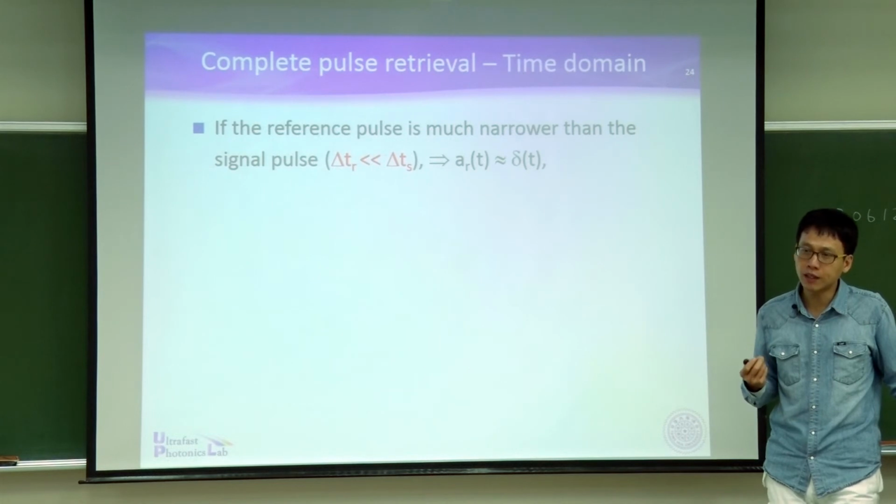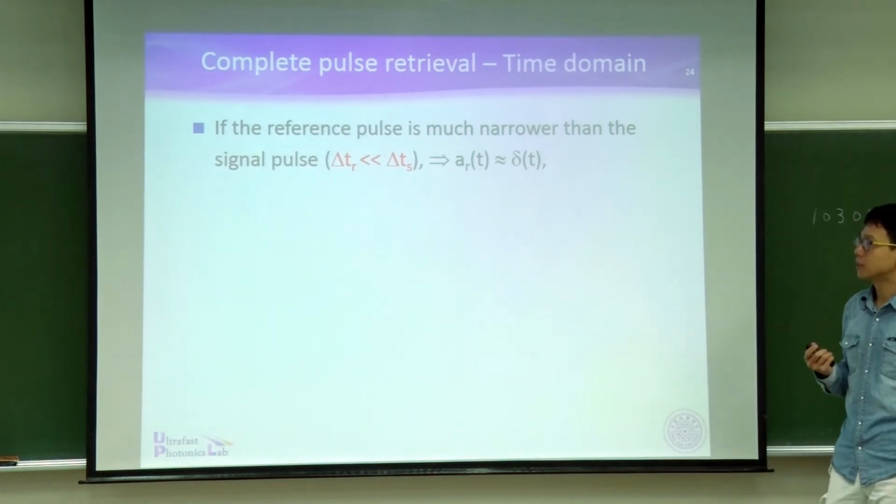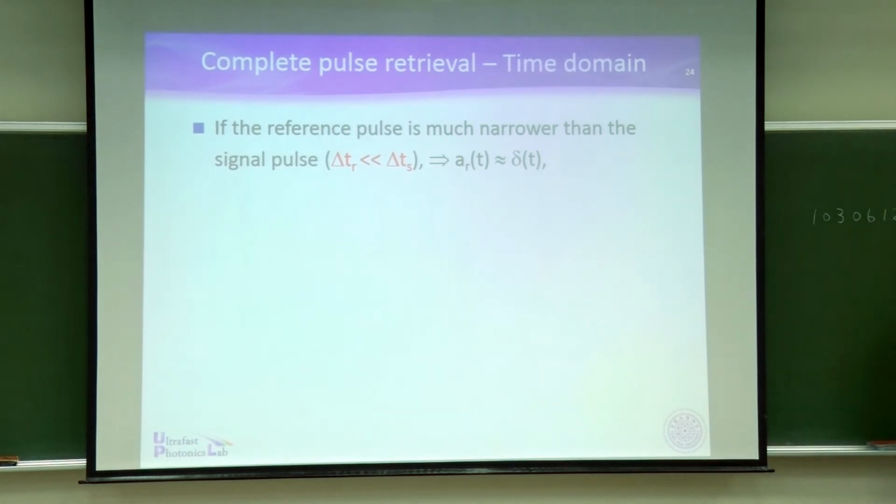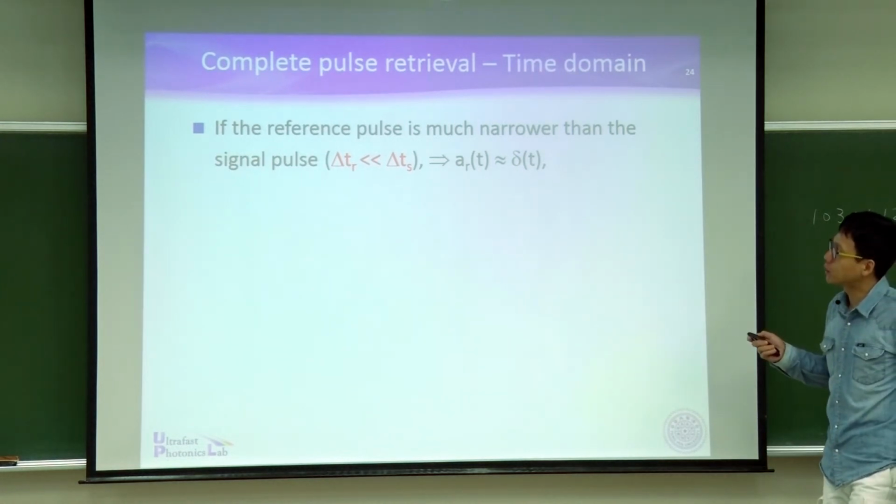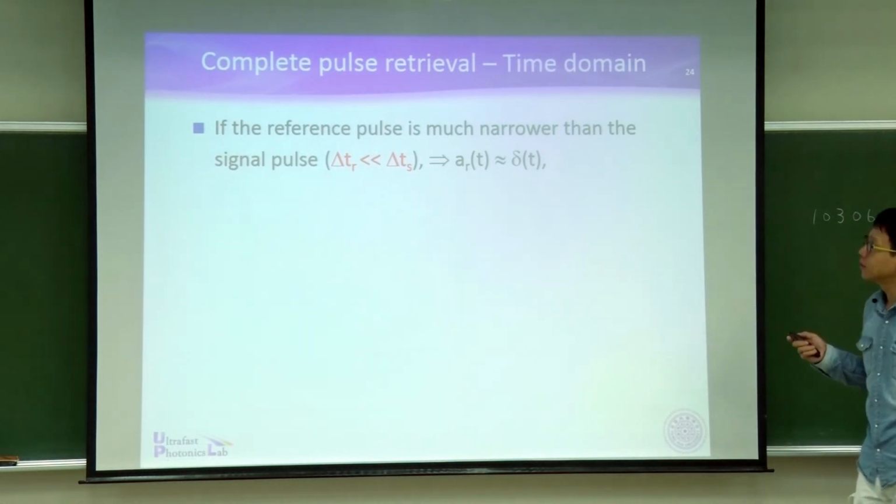Now, can we get more information from cross-correlation measurement? The answer is yes, but under certain conditions. So it's possible you can completely retrieve the pulse. This is the time domain perspective.